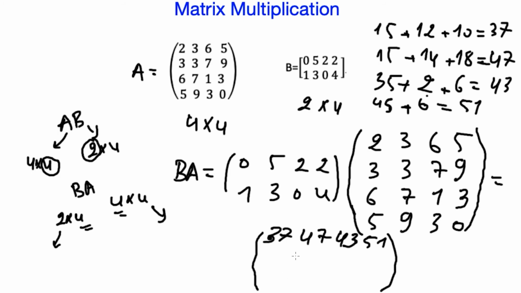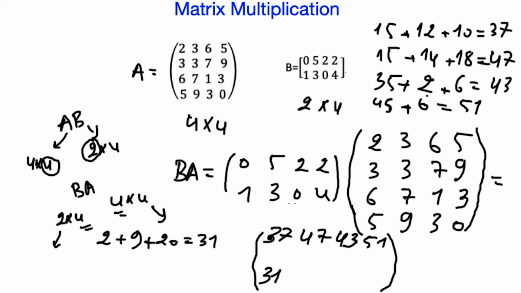And to get the second row here, we will multiply this second row with these columns. So for the first entry, we have here 1 times 2, which is 2, 3 times 3 is 9, 0 times 6 is 0, plus 4 times 5, which is 20. So this here is 29 plus 2 is 31, so this is 31.